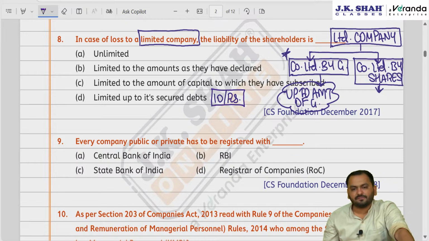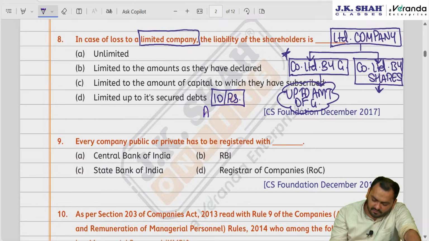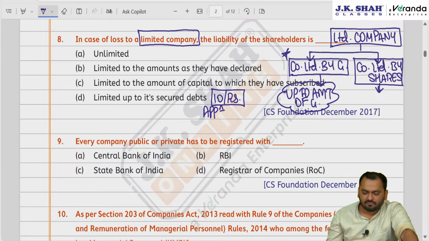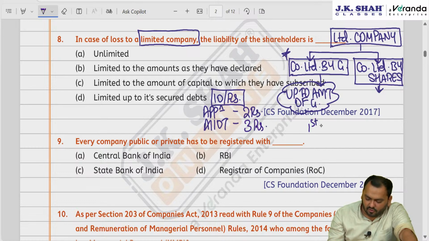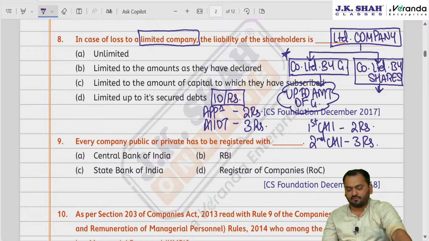First we pay application money, then allotment money. Let's say application money was 2 rupees per share, then allotment money 3 rupees, then first call money, again 2 rupees, then the second and final call money, 3 rupees per share.